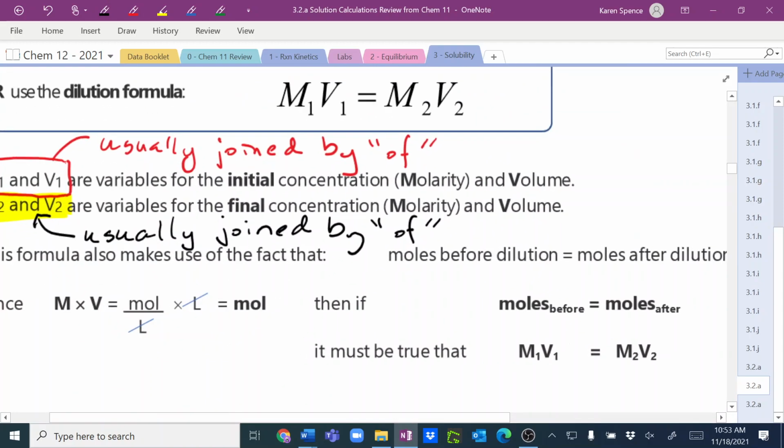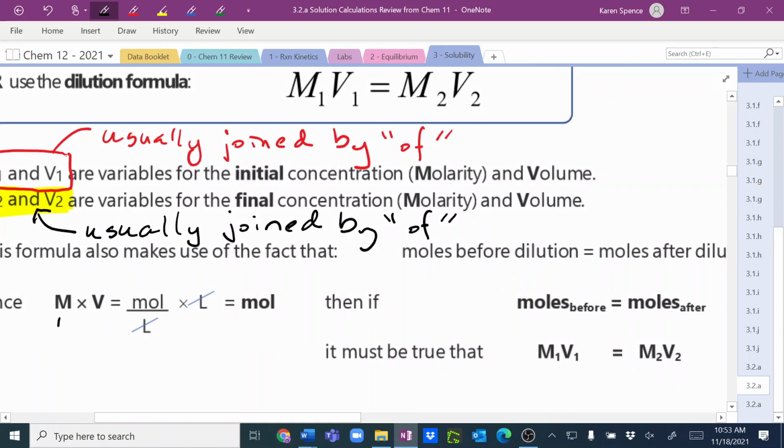M times V, that means we have our molarity times our volume. Molarity is, of course, moles per liter. And volume is measured in liters. So M times V is moles, yes?